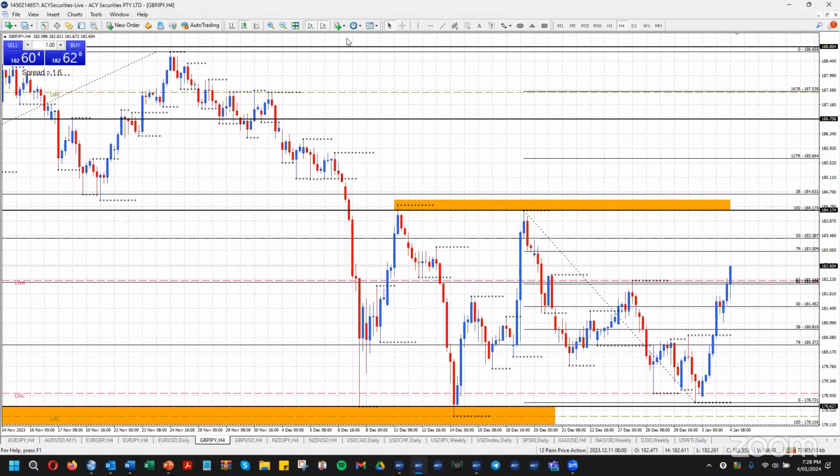I would need to see price action pull back to put in a higher bottom, and then make its next ascent. And in this area here, look for your opportunity to get long.